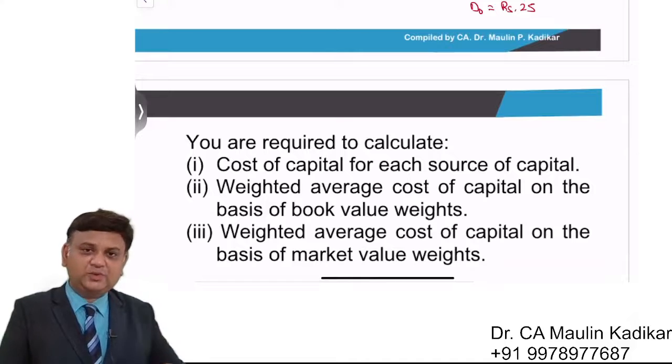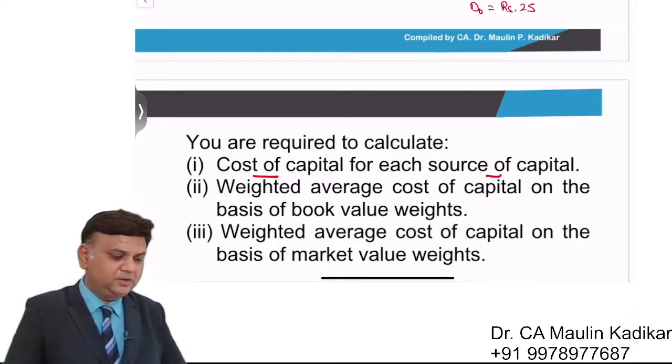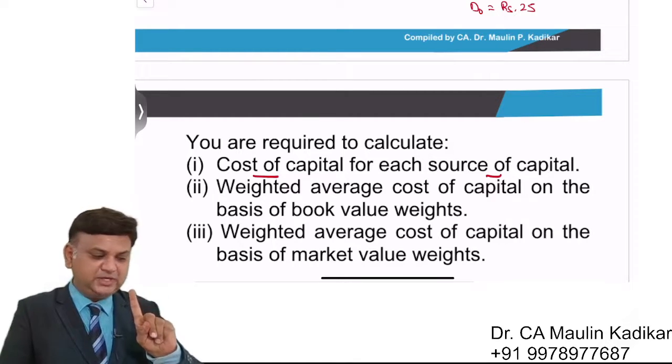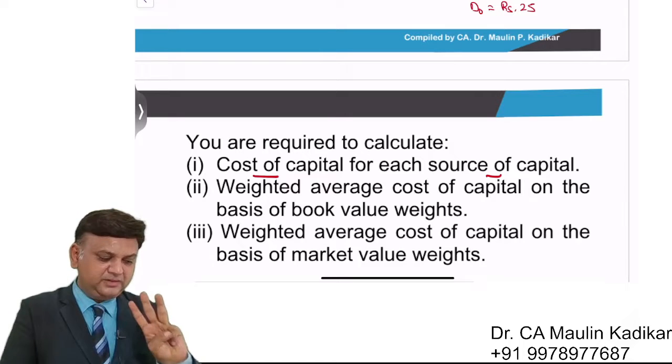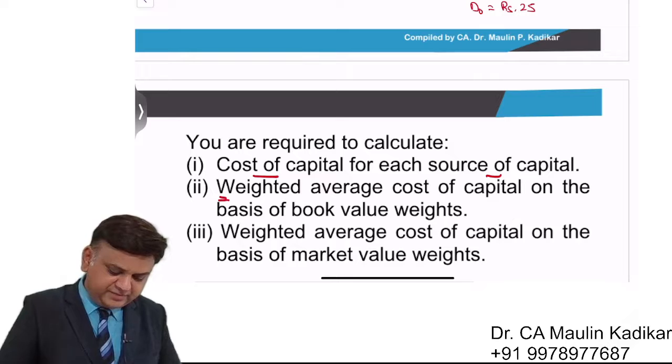There are 3 questions provided to us. You are required to calculate cost of capital for each source of the capital. So we understand it is equity share capital, preference share capital, debentures and retained earning. Then, calculation of the weighted average cost of capital on the basis of book value weights.